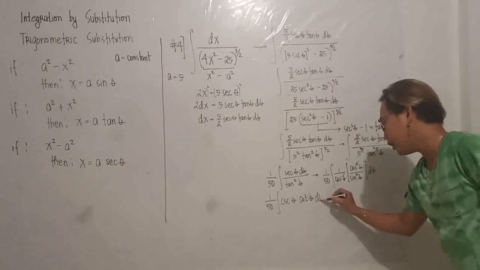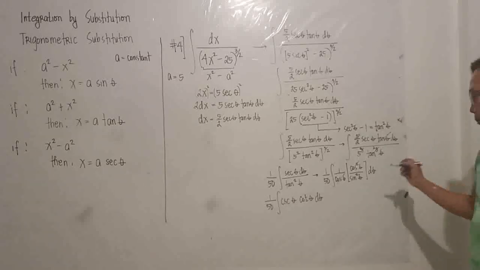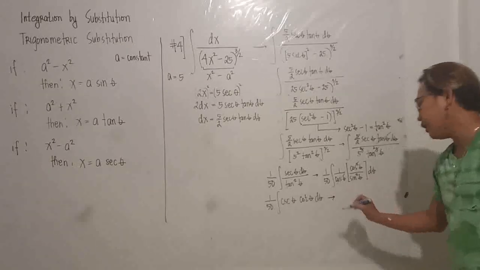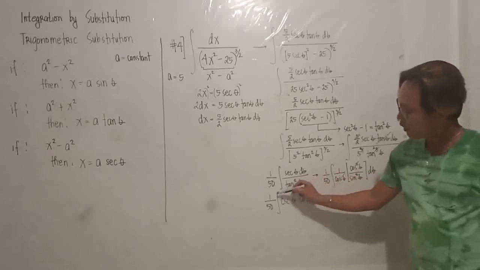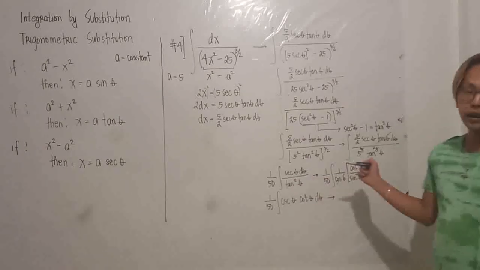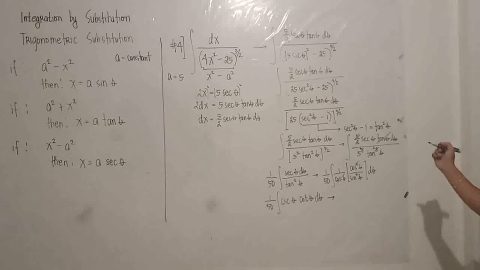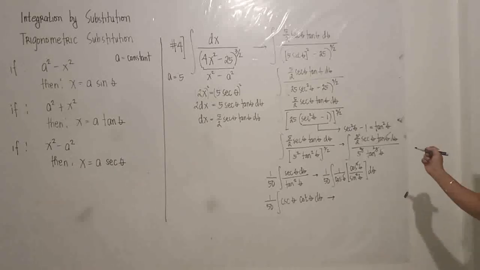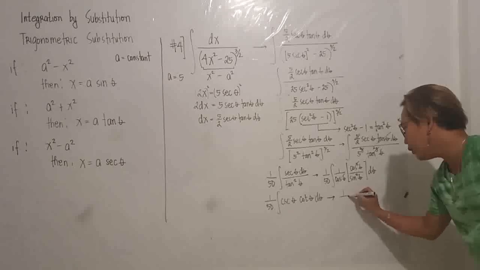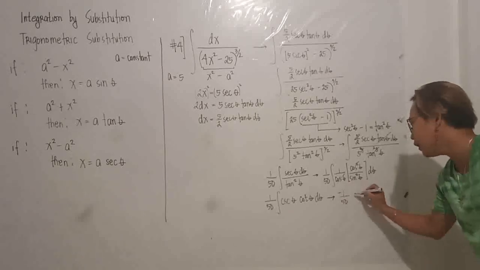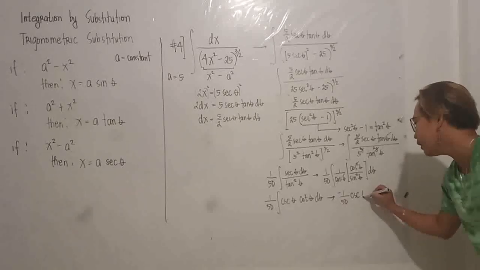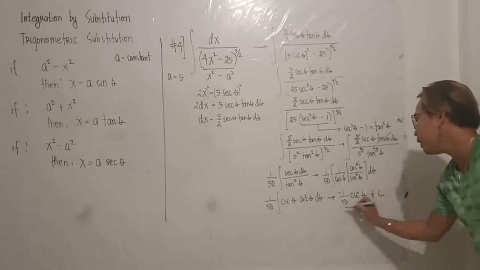So that is the equation. So now, you will now have the integral of cosecant theta, cotangent theta d theta, is negative cosecant. So you will now have 1 over 50, then the negative of cosecant theta plus c.